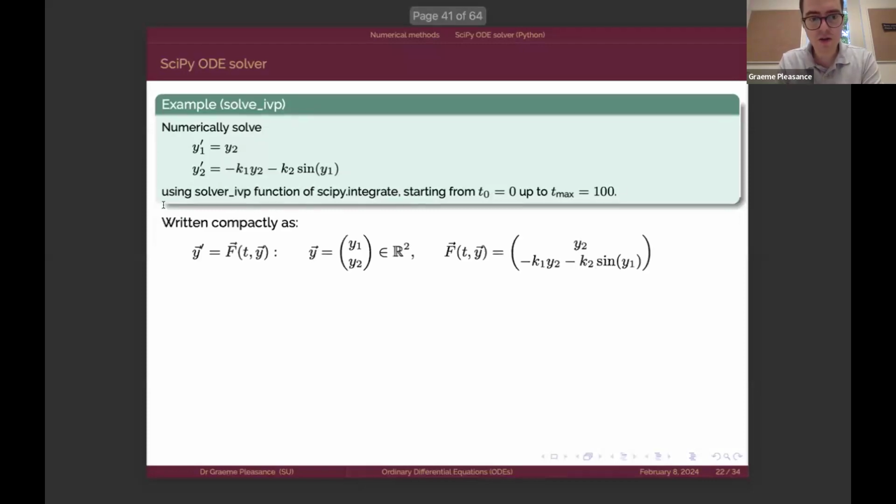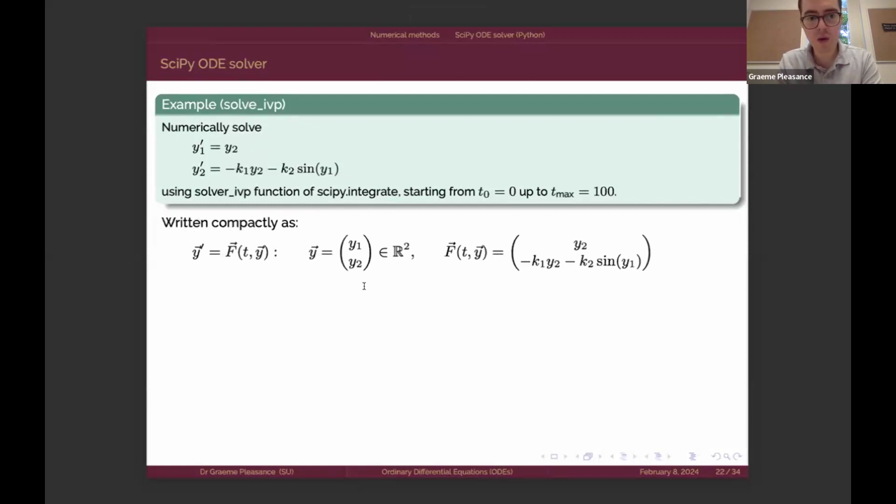Okay, I mentioned previously that this function solves problems where we can express our ODEs in a compact vector format. To illustrate how you can do this here, you can rewrite this system of equations in vector format.